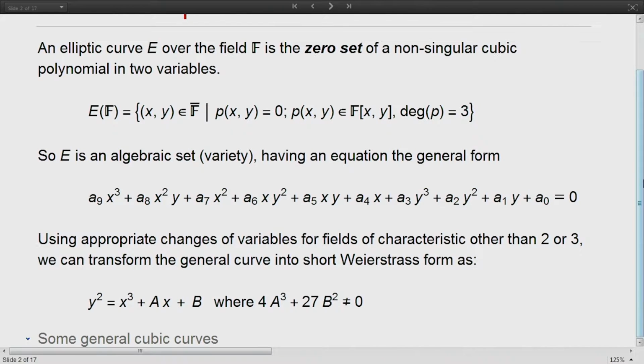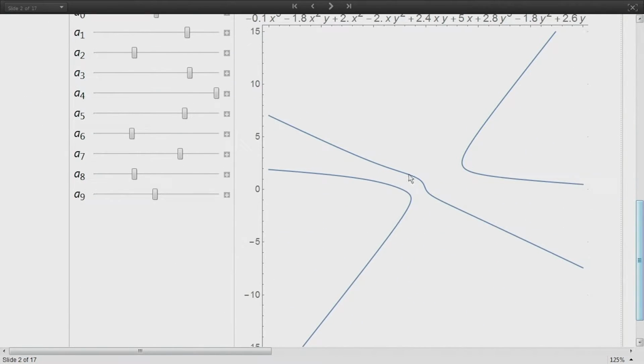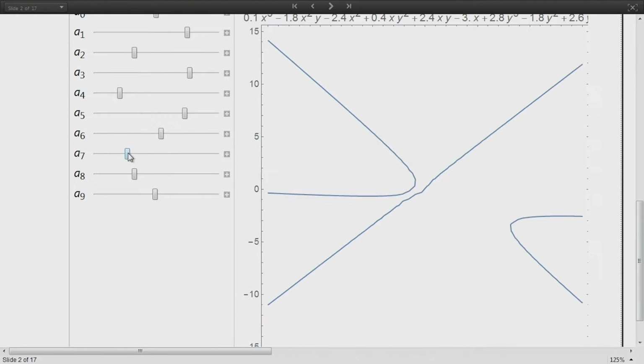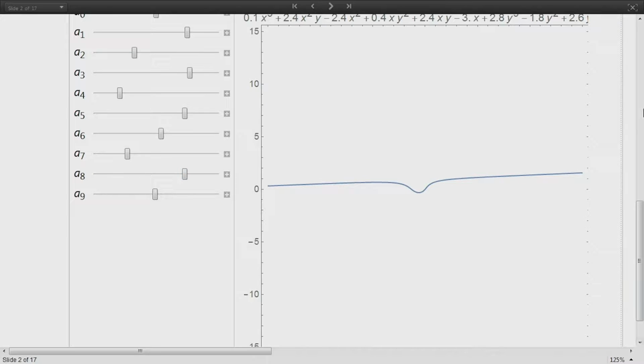The condition for not being singular, meaning at least over the reals, over R², means no kinks and no crossovers, right? Differentiable everywhere. So some general curves, just briefly. They can have all kinds of shapes when you use the general equation, all kinds of crazy, interesting shapes and forms.